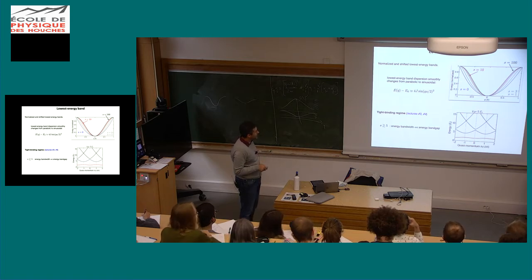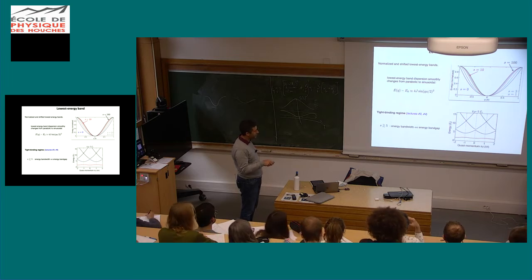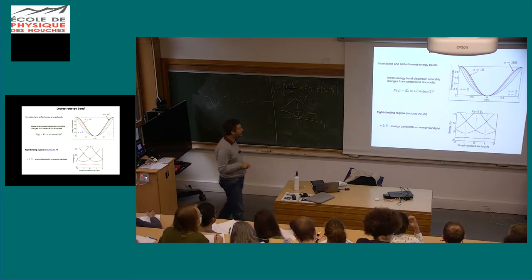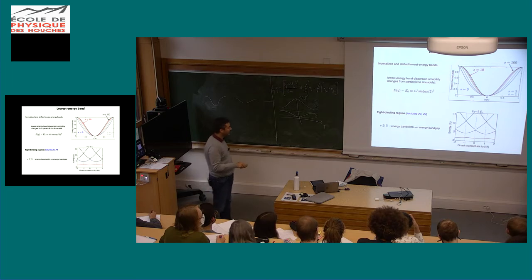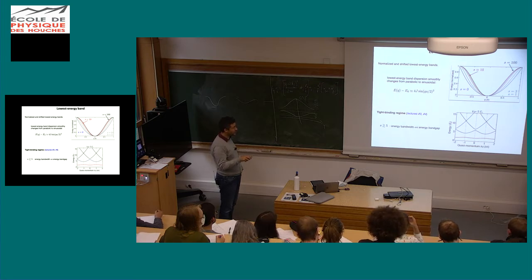The second comment I want to make on these energy bands is that, once again, this is the band structure for an amplitude of 5 recoil. If you are in this regime, like 5 recoil or above, then the bandwidth of this lowest energy band is much smaller than the gap to the first excited band.